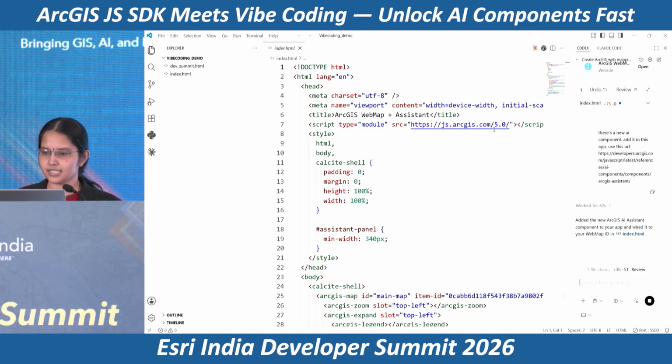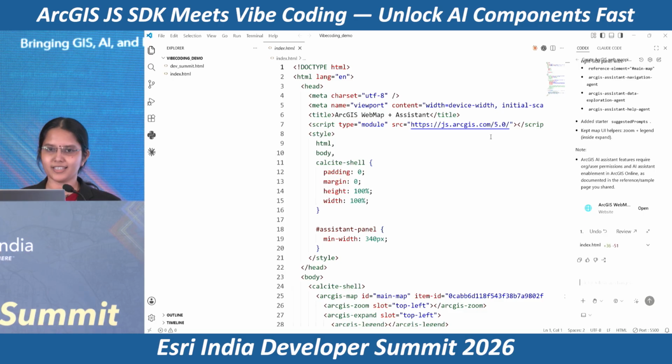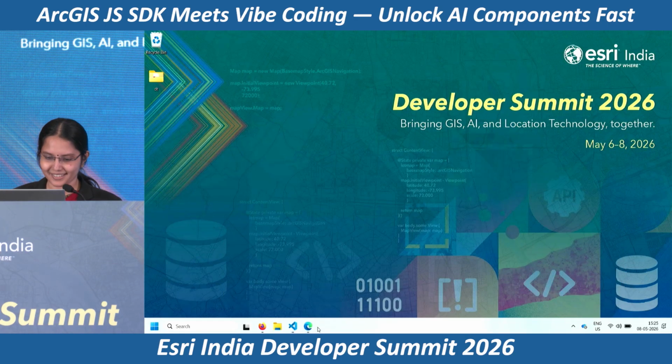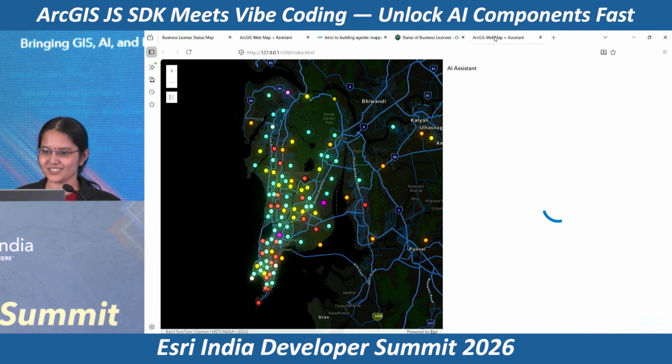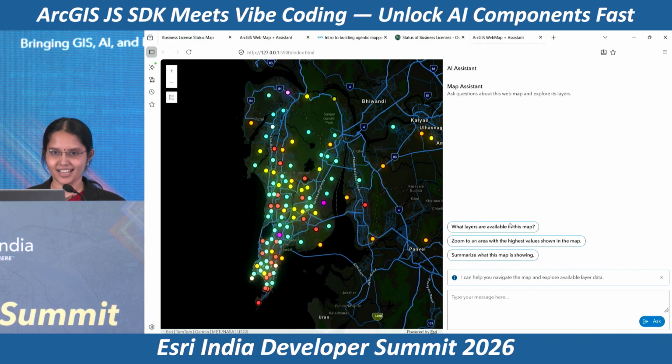Okay, I can already see it is starting to refer to 5.0. Okay, all done. Now I can already see the assistant component loading. All done. We have the map assistant on the right. So with two prompts, I was able to build an assistant for you.